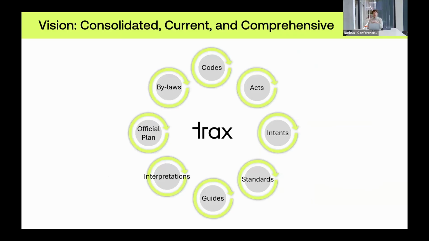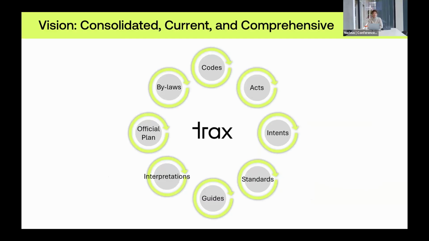And so that's our vision with Trax and our tool, Trax Codes. We're trying to move towards a future where everything's consolidated, current, and up to date. As you can see, each element in this little diagram has its own arrow around it, implying that everything updates on these varying cycles, as I mentioned earlier.